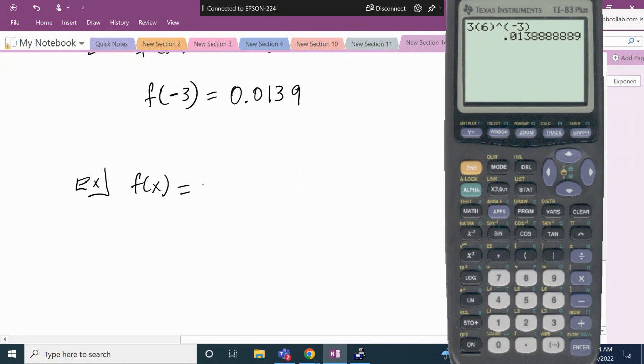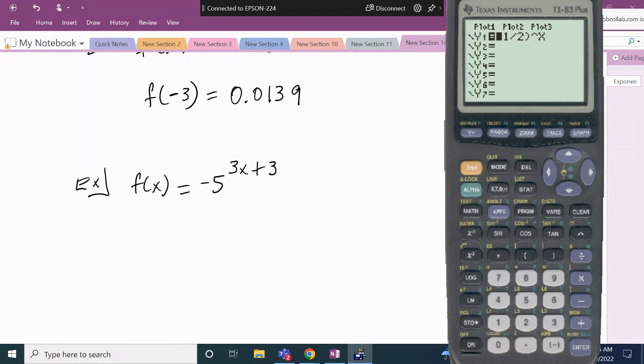f of x is equal to negative 5 raised to the 3x plus 3 power. So I'm going to do the same thing, but in a slightly different manner.